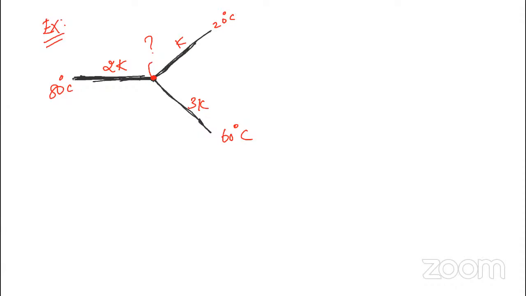So here the rate of flow of heat, the value is 2K by T1. And here the rate of flow of heat we have to take as Q2. And here it is K by T3.